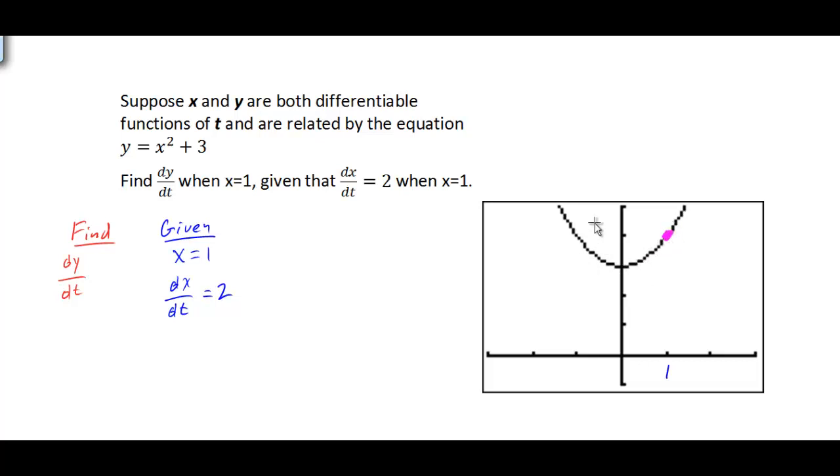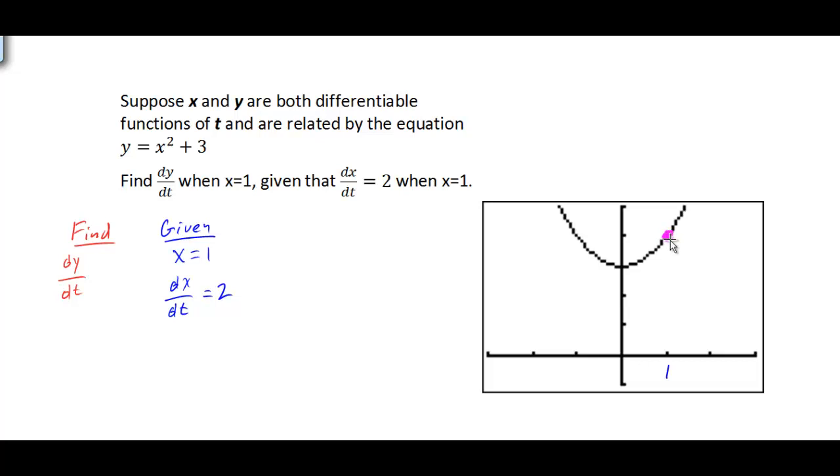More specifically, when we see dx dt equals 2, think of this point as a particle moving along this parabola on this path. So if this point is moving along here, as soon as we get to this point where x is equal to 1, what is happening to the change in our x?